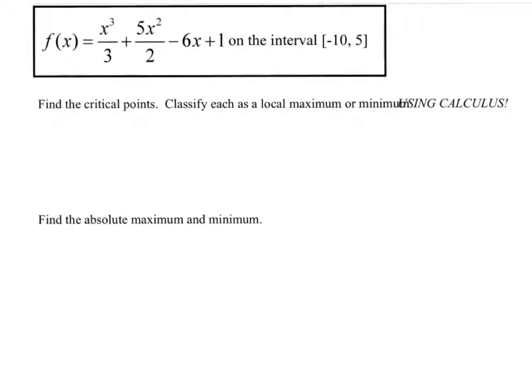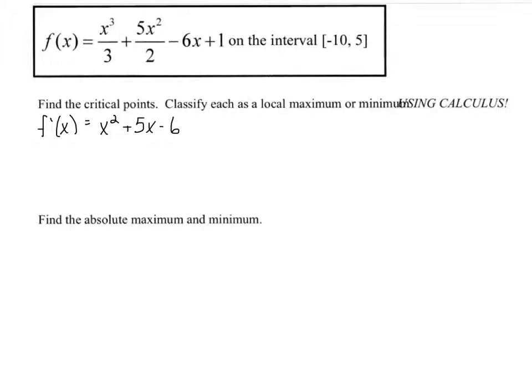So we're going to use that same idea, and I'm sorry this gets a little messed up whenever I switch to italics, but we're going to find the critical points and classify them. Okay, so the derivative, let's start with that, would be x squared plus 5x minus 6.